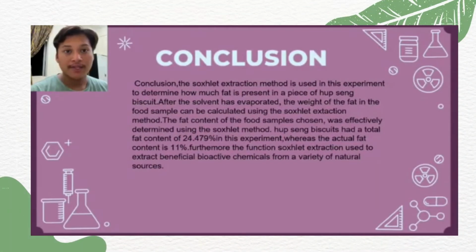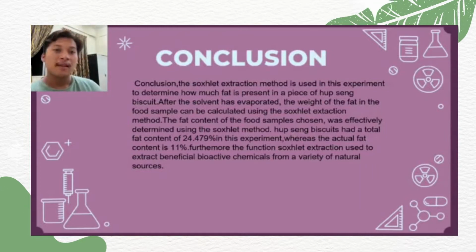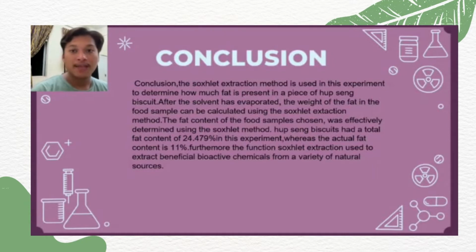Thank you. So the conclusion: the Soxhlet extraction method is used in the experiment to determine how much fat is in a piece of Hapsen biscuit. After the solvent was evaporated, the weight of the fat in the food sample can be calculated using the Soxhlet extraction method. The fat content of the food sample chosen was effectively determined using the Soxhlet method.